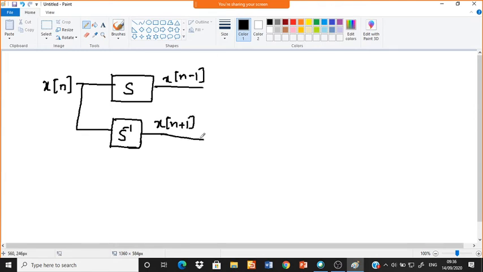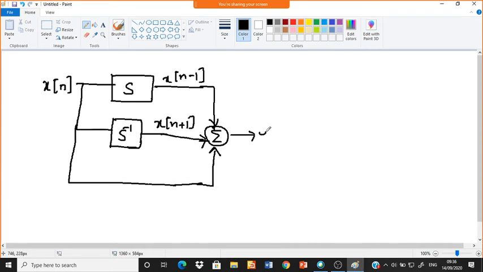Now how will y of n come? The same x of n, you have to add to the summation. If you give this to this summation, this system will yield your y of n.